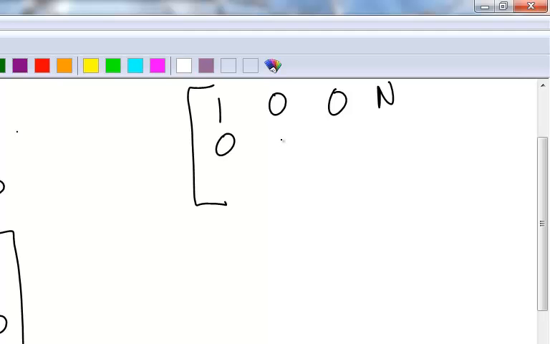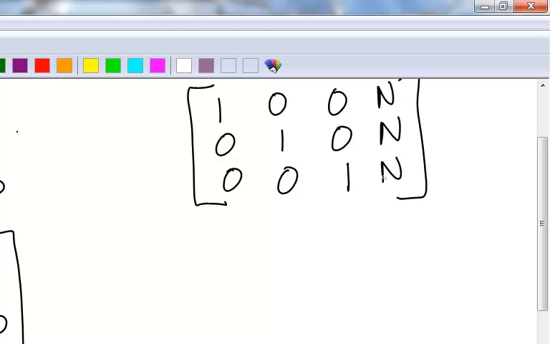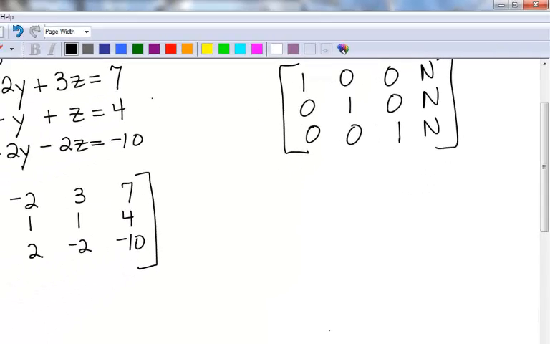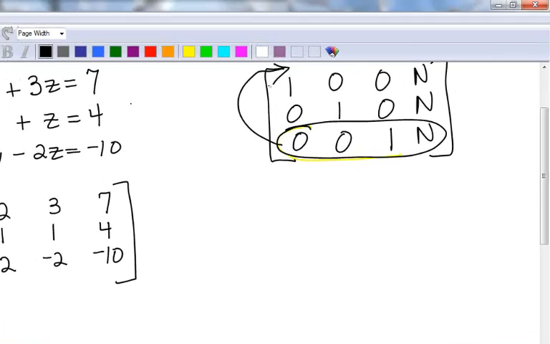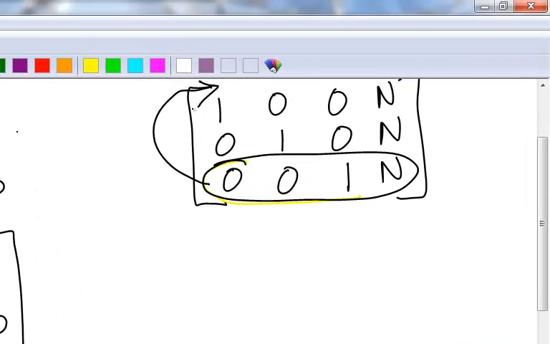Then we want to get 0x, 1y, 0z equals some other number. And then 0x, 0y, 1z equals a number. The answer that I've given you here has 1s down the diagonal to the right. But a row like this could be up here on top. The rows don't have to be in that order. The rows could be changed.